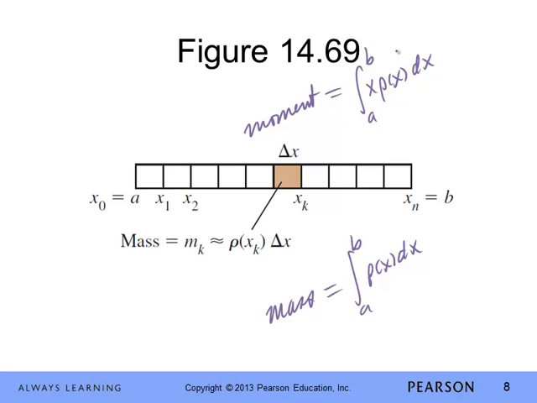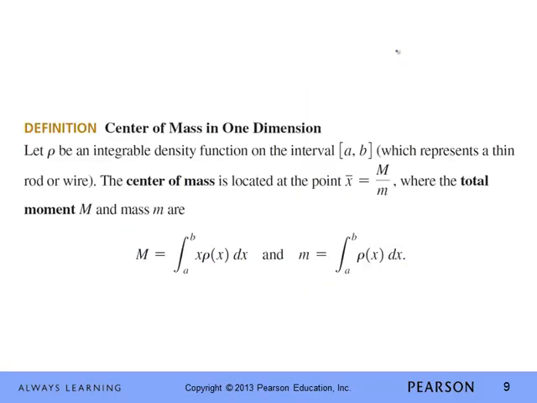So we typically use capital M to indicate the moment. And it's just going to be the variable x times the density integrated over that rod length. And here, of course, is the mass, little m. And then the balance point is going to be the moment divided by the mass.